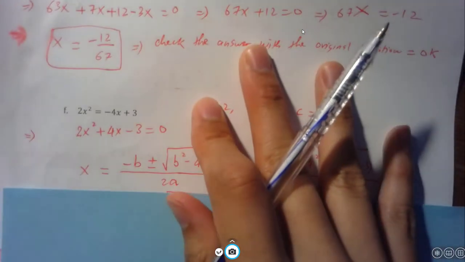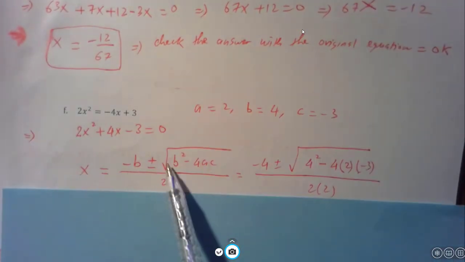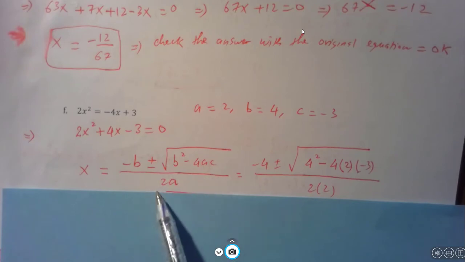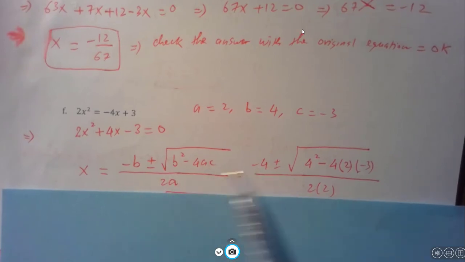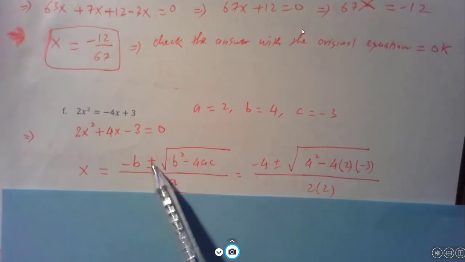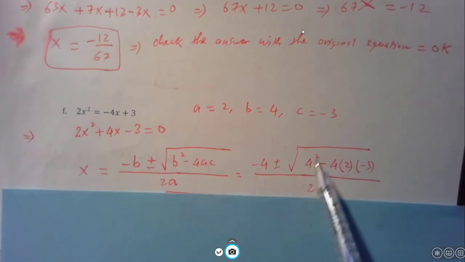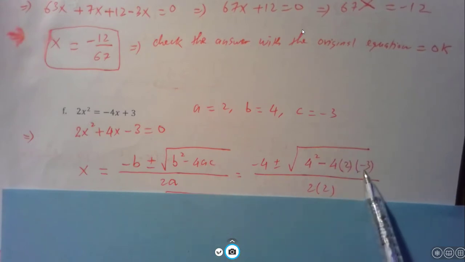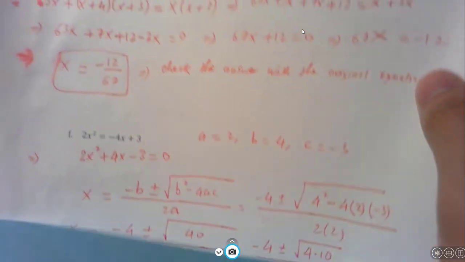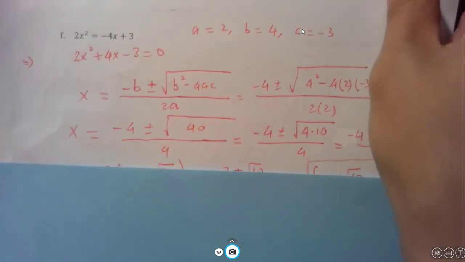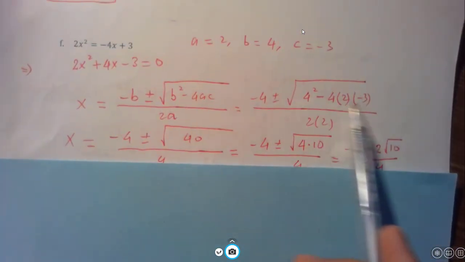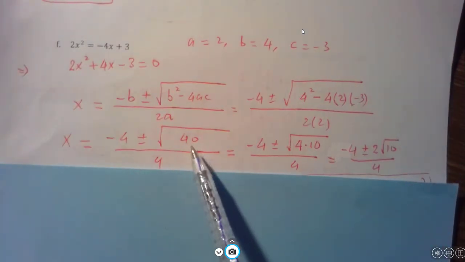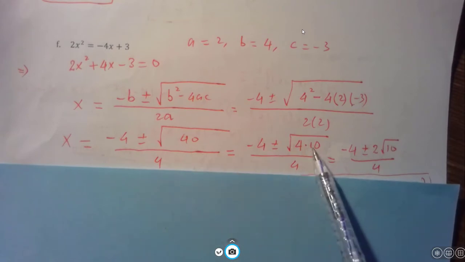And then applying the formula, minus b plus or minus square root of b squared minus 4ac, over 2a, and then plug in the numbers. b is 4, plus or minus the square root of 4 squared minus 4 times a, 2, times c, minus 3, and then 2a, 2 times 2. Just plug in the formula, and then simplify that, multiply that together, you get 40, and then 40 can be written as 4 times 10.